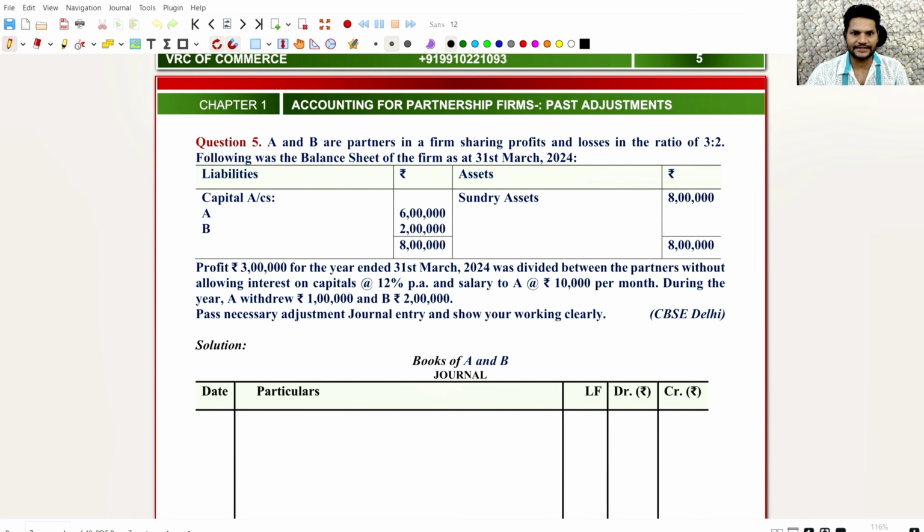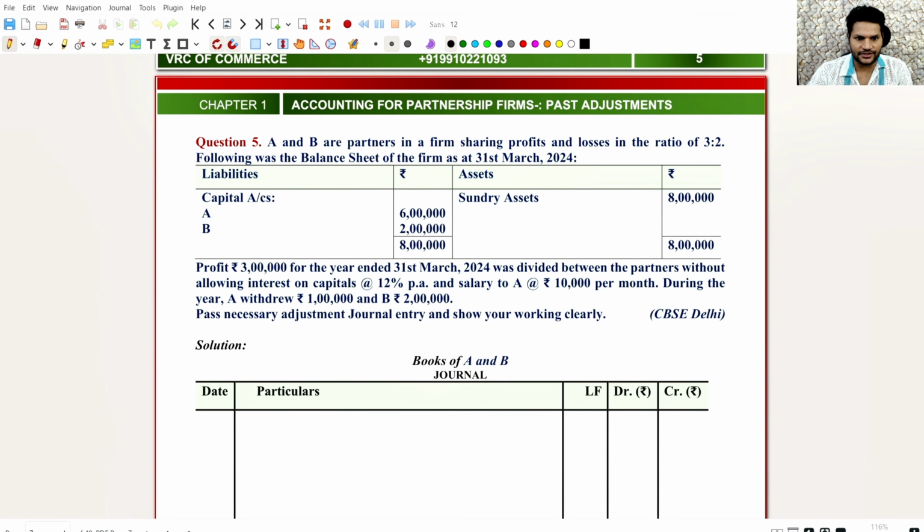And question number 5 says that A and B are partners in a firm sharing profits and losses in the ratio 3:2. And the balance sheet is given as on 31st March 2024, in which capital accounts of A and B are 6 lakh and 2 lakh. And also the assets are 8 lakh, right?